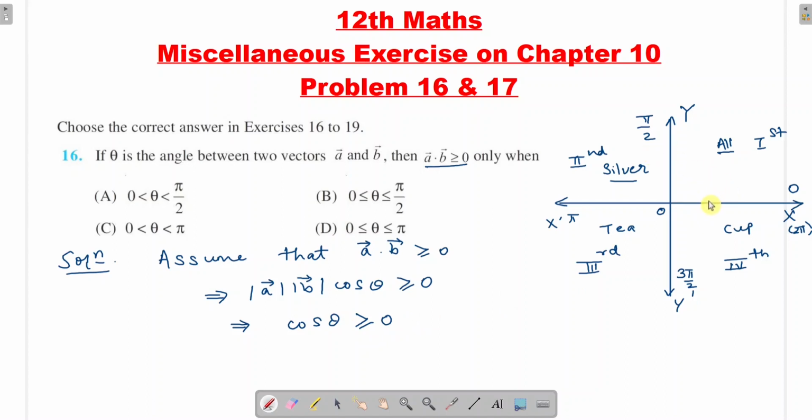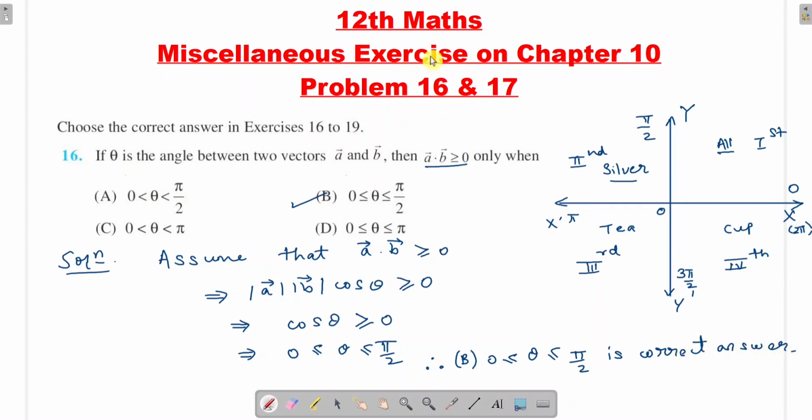Also theta can take the values 0 and pi by 2. So what we get is 0 is less than or equal to theta less than or equal to pi by 2. So the second option, B, 0 less than or equal to theta less than or equal to pi by 2, is the correct answer. So we have solved the 16th problem.